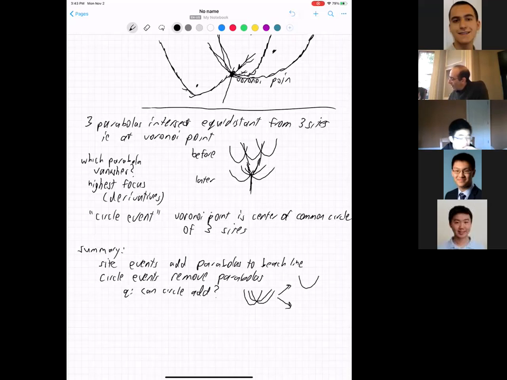Do I end up afterwards with this, or do I end up afterwards with this? We should look at the focus points, I guess. Yes, you can show that the answer is no, right? Because the middle parabola is vanishing. The middle parabola will have the highest focus and vanishes because it falls behind.